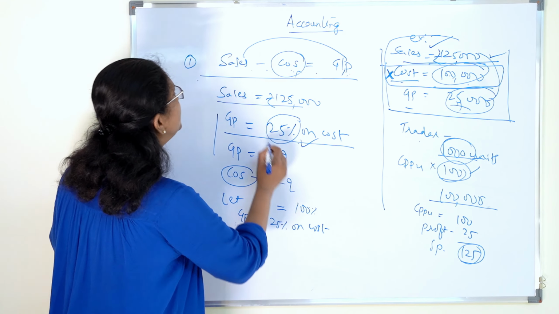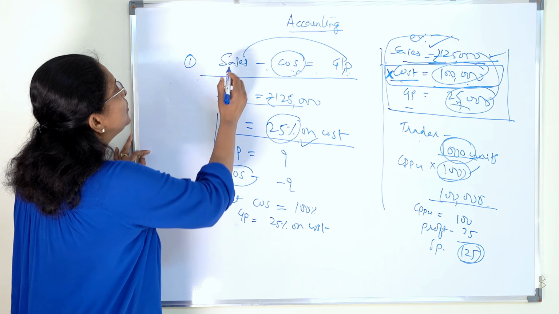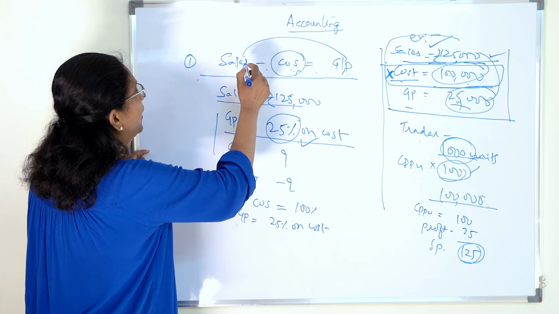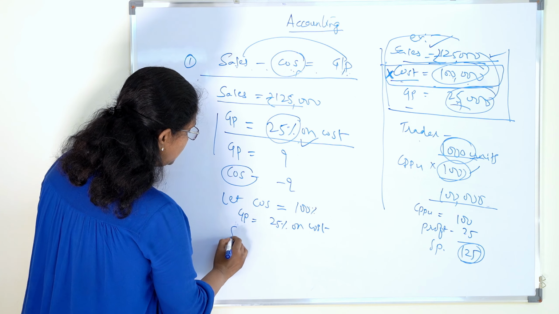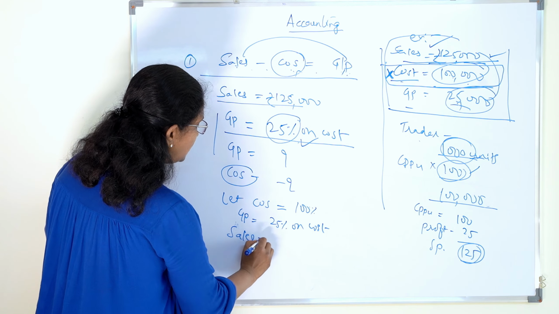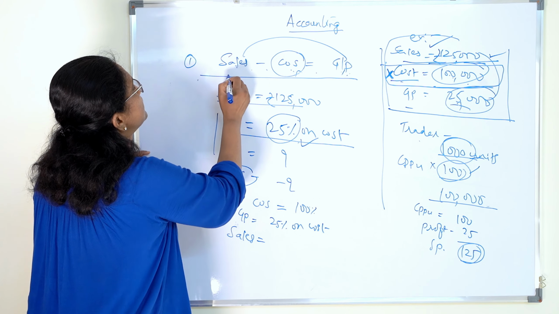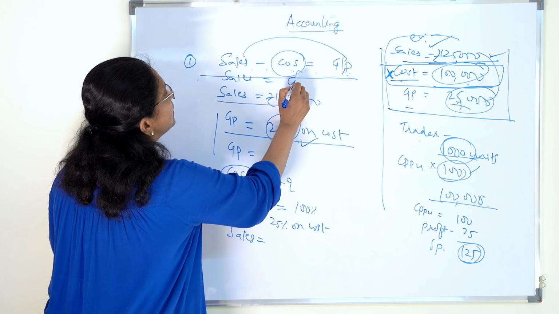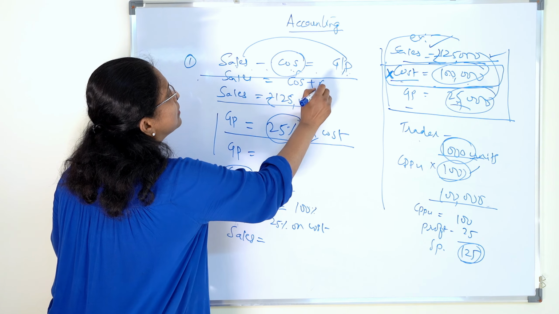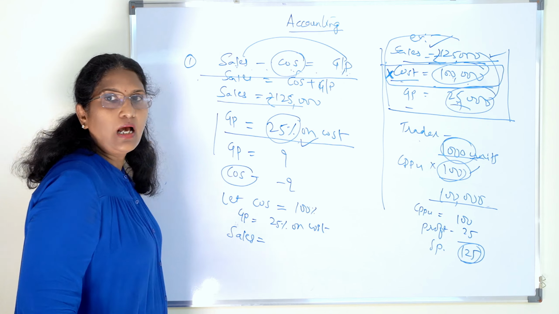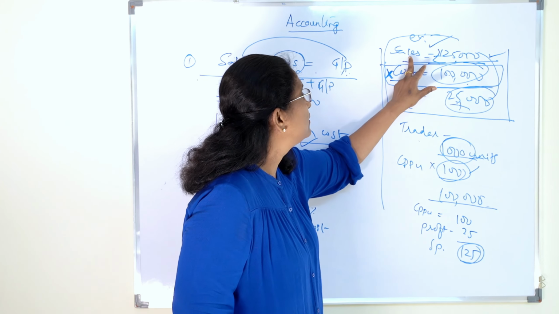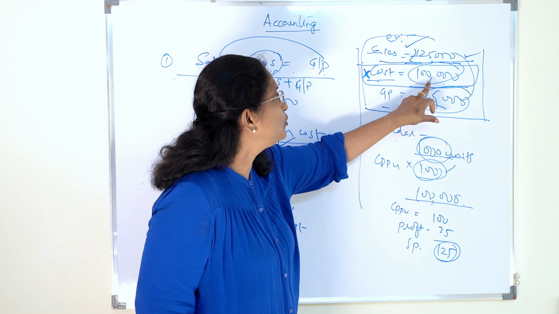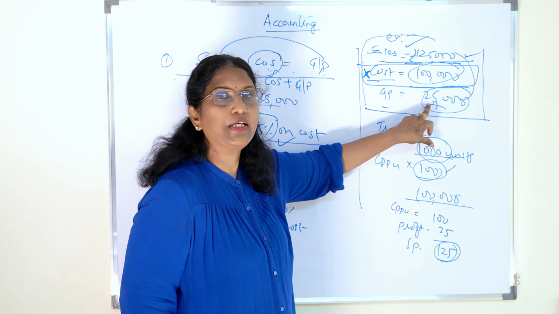Now what equation will you form here? You know sales minus cost of sales is profit. If I write sales on one side, what will happen? It is cost of sales plus profit. Is that clear? You are given sales, you don't know the cost, but sales is equal to what you purchased for, 100, plus the 25 profit.